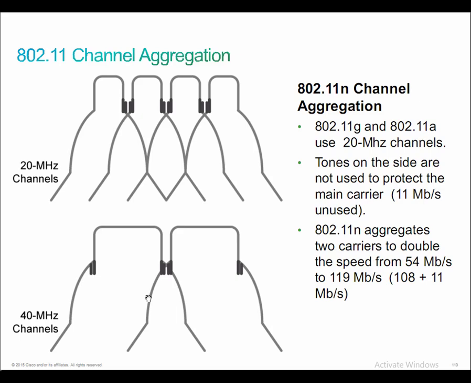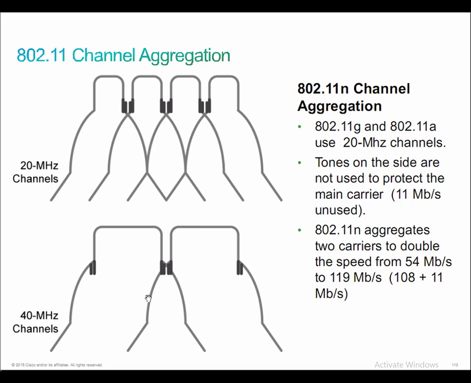We still use OFDM, just like we saw with 802.11a and g, but 802.11n increases the speed from 54 megabits per second to 65 megabits per second for a 20 megahertz wide channel. And in a 40 megahertz channel scenario, the speed actually goes even higher.